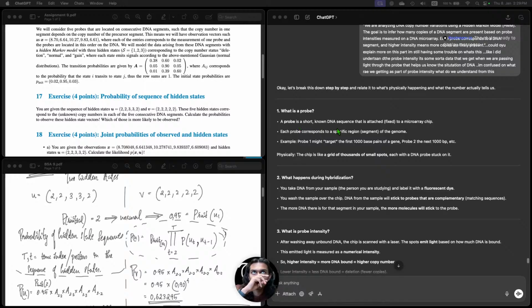A probe is a short known DNA sequence that is attached to a microarray chip. Each probe corresponds to a specific region of the genome. A probe is a short known DNA sequence that is attached to a microarray chip. I'm still, what is this thing, bro? What is this microarray chip?